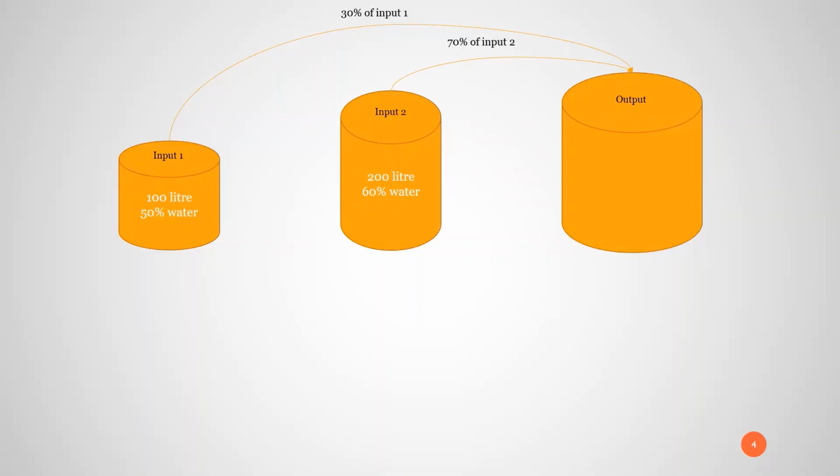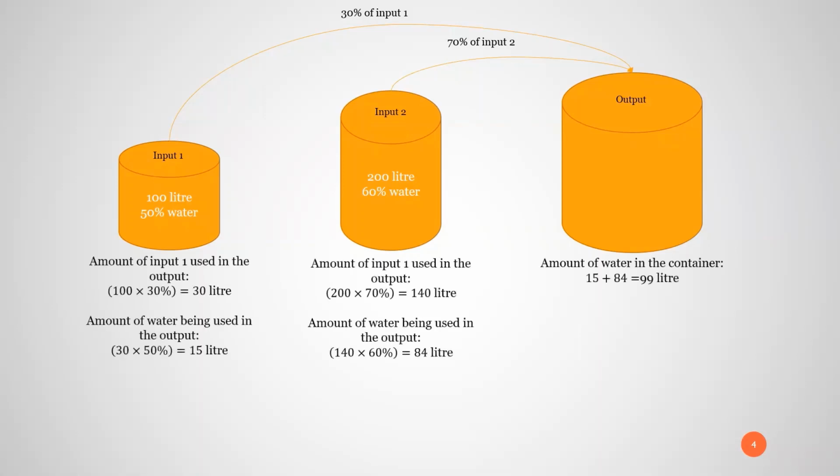Only 30% of input number 1 and 70% of input number 2 will be used for this purpose. The constituent water of input number 1 is 50%. So totally, 50 liters of water will be transferred to the final product from element number 1. A very simple multiplication here.